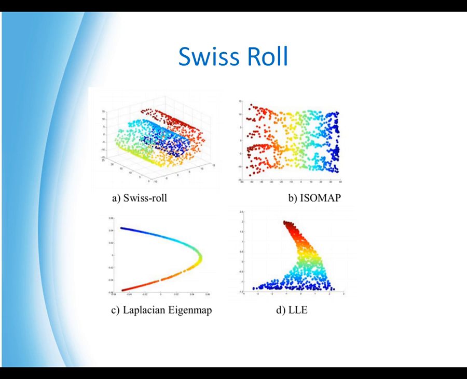However, Laplacian eigenmap doesn't quite give the actual underlying structure. LLE gives quite an approximate solution, but is not as good as isomap. The reason why isomap works so well is because it computes the geodesic distances between each point, and then it performs the spectral decomposition.